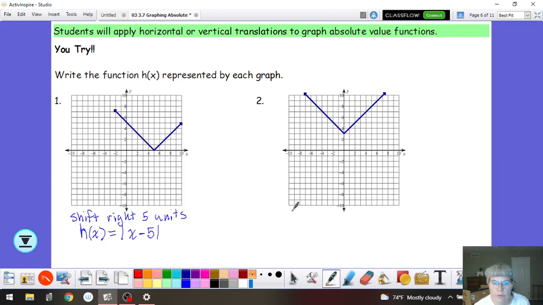And number 2 moves up 3 units. So this will have h of x equals the absolute value of x. The vertical change appears outside as plus 3.